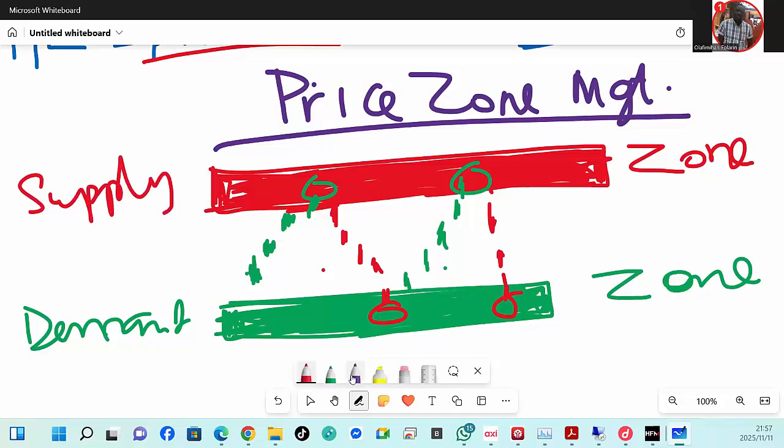Now, if you look at these two different zones, one is at the top, one at the bottom. The one at the bottom, which is the demand zone, is the one holding price not to fall. And the supply zone is making price not to rise.